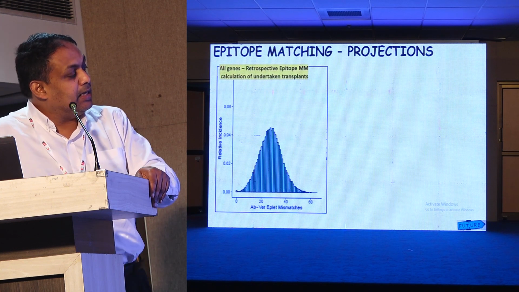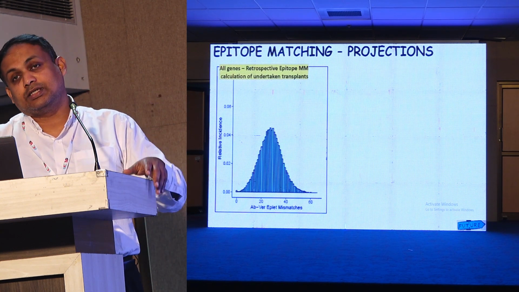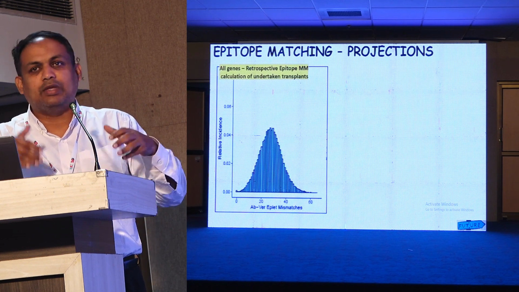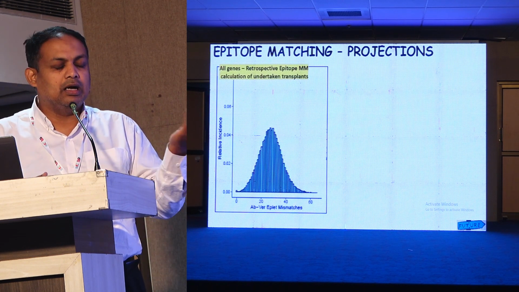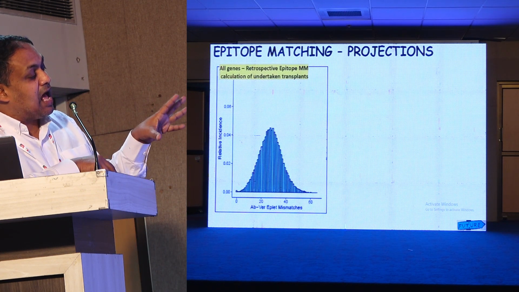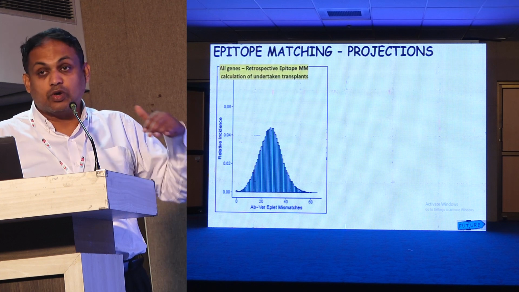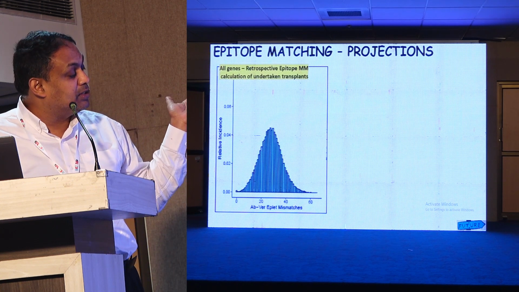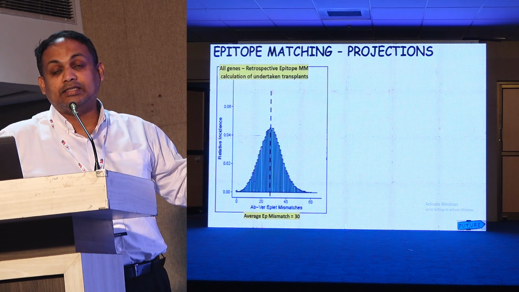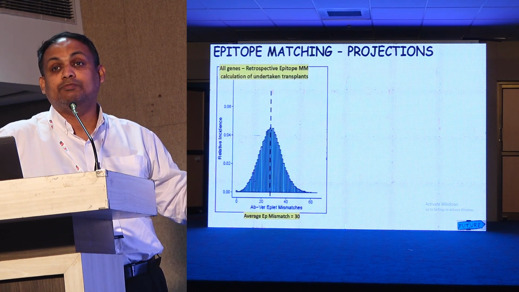Another thing they did is they took their transplants from the last 10 years, done with the current matching system, the ABDR matching system. Retrospectively, they looked at the epitope data of all these patients, and found that the last 10 years of transplants were done with an epitope mismatch of 30.